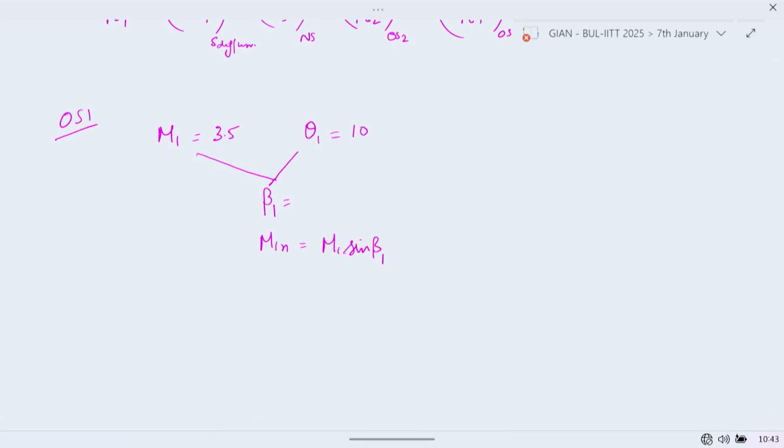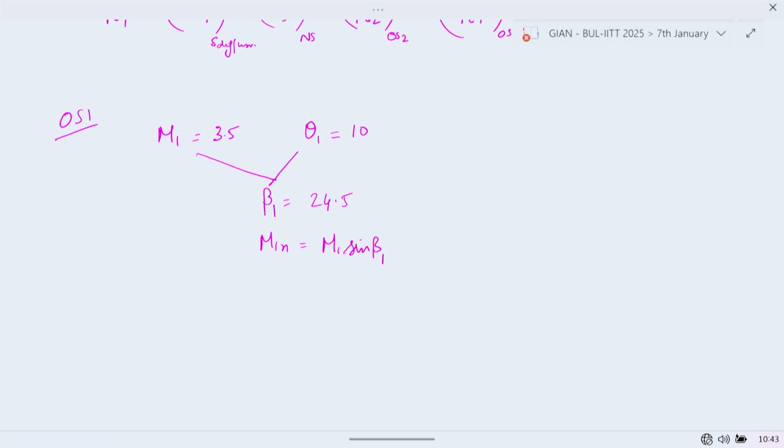What's the value for beta 1? 24.5. So that is beta 1.